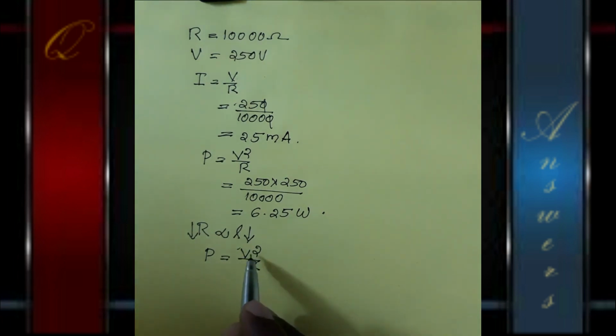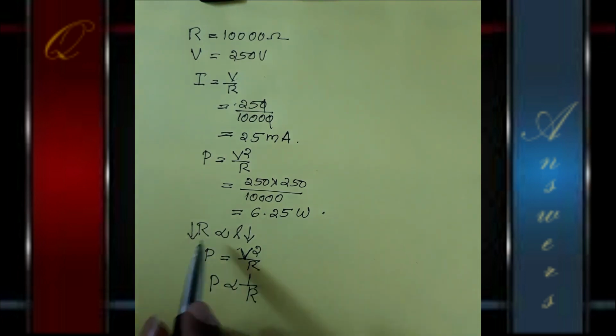Then the voltage remains constant, as voltage is not changing. Then power will be inversely proportional to resistance. Power is inversely proportional to resistance, which means that when length is decreased, resistance is decreased. When resistance is decreased, power of the device will be increasing.